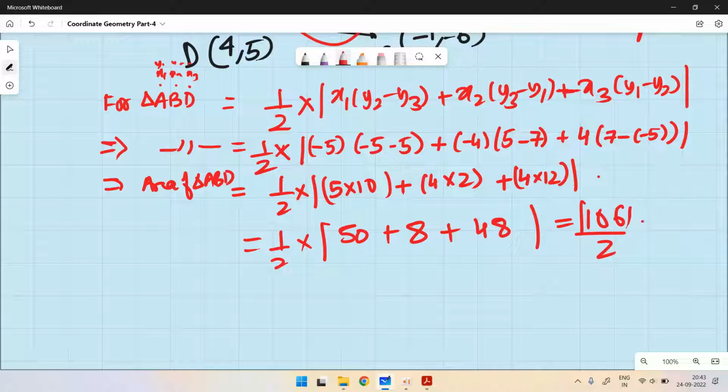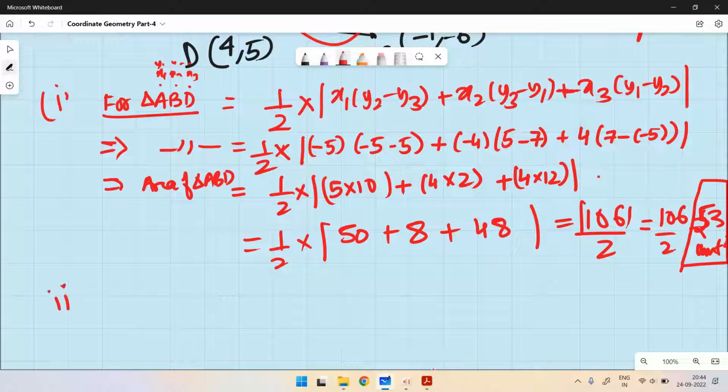Since 106 is positive, this is 106 by 2, which is 53 square units. This is the area of this triangle, not the quadrilateral.